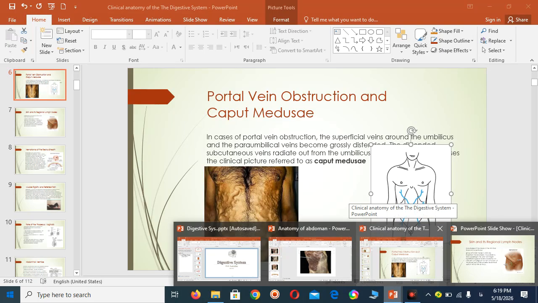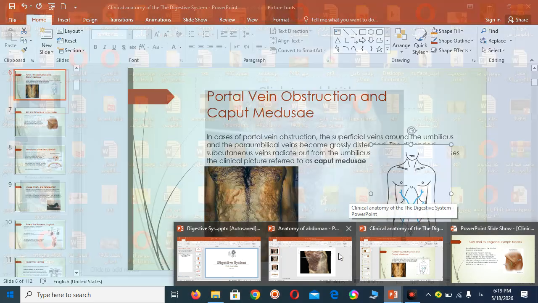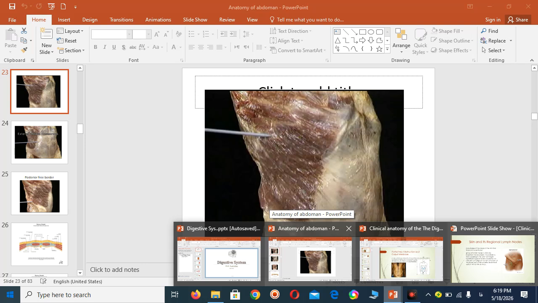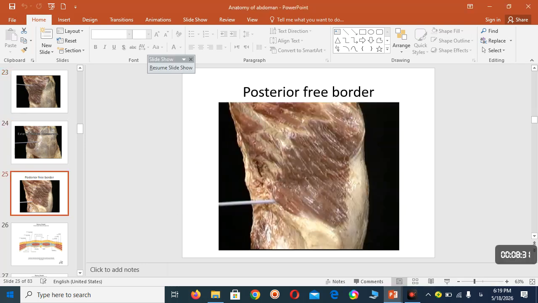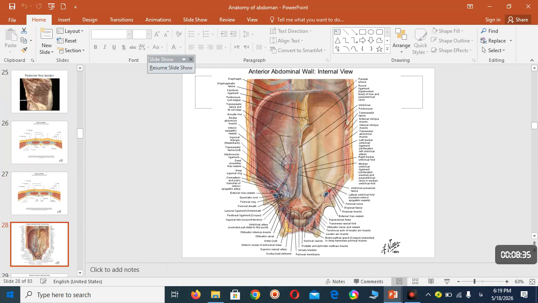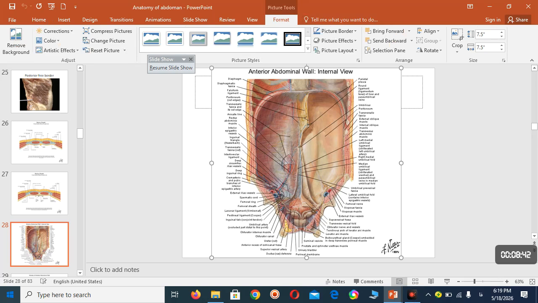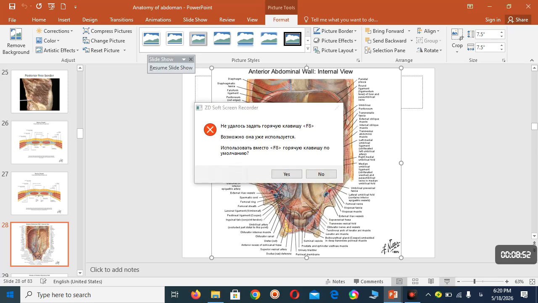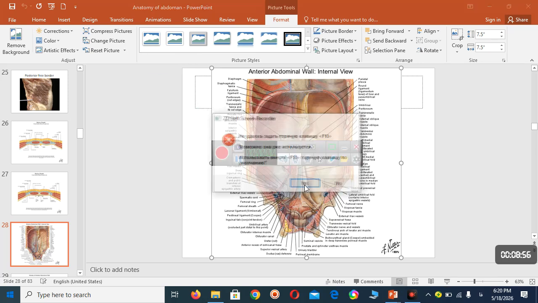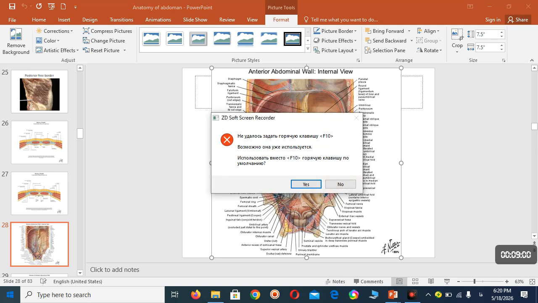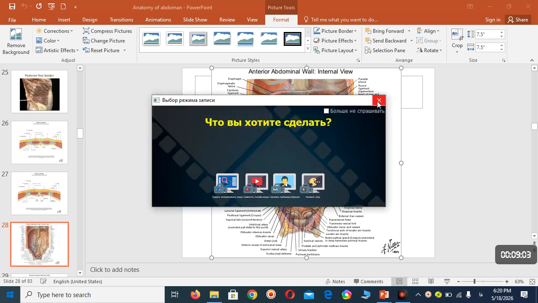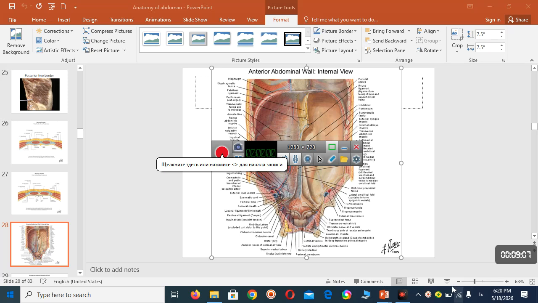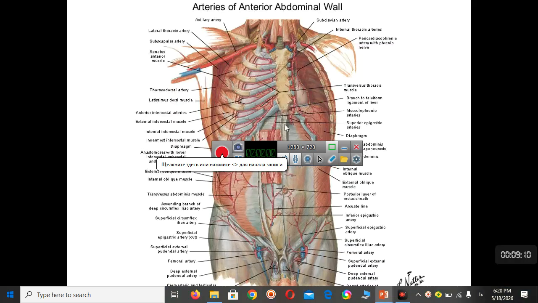You can see another picture here. I am going to project it.